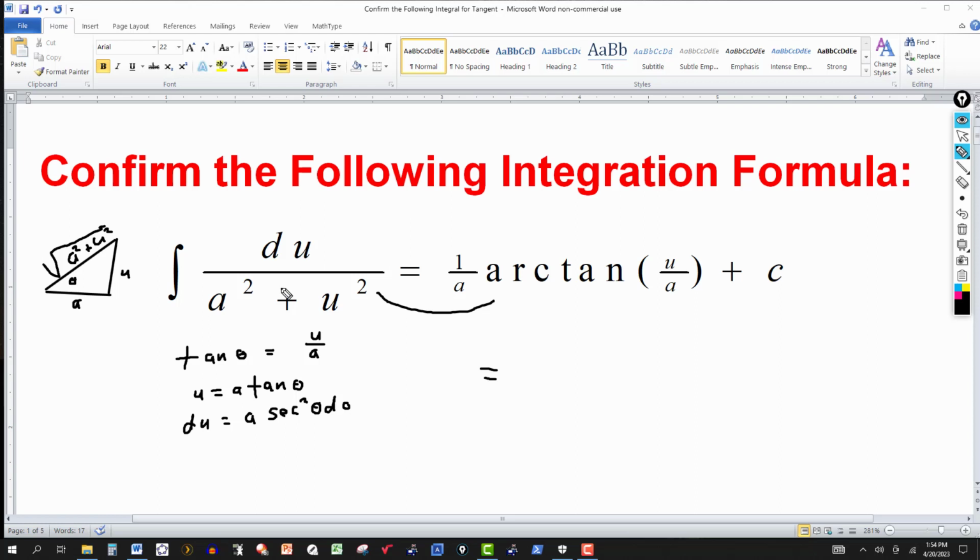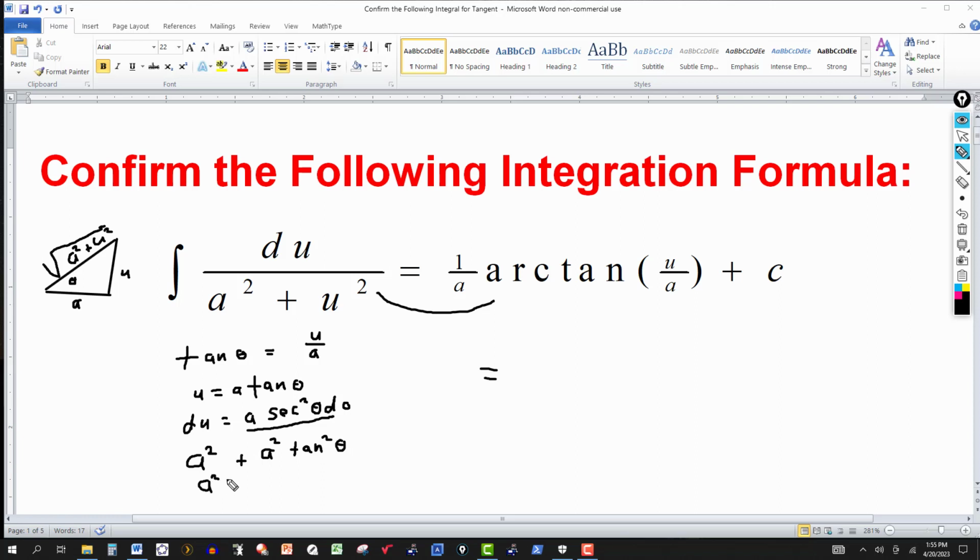And let's look at the denominator. We have a representation for du. That's this right here. And then in the denominator, let's look at a squared plus u squared. But u is a tangent theta, so let's square this: a squared tangent squared theta. Okay, factor out a squared out of that.